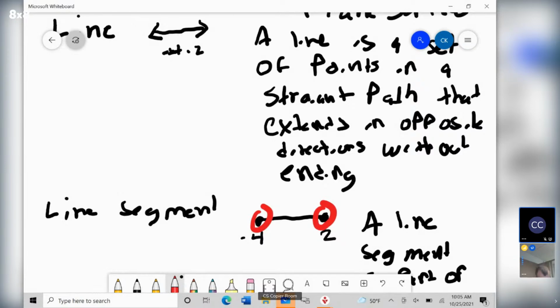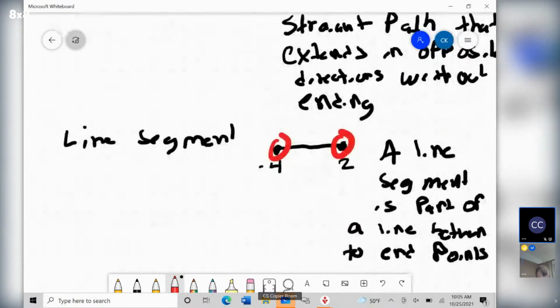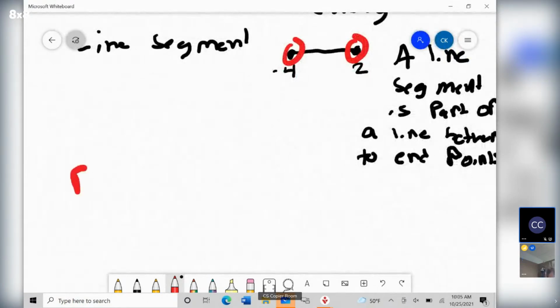Okay, and the last thing I want to look at today is what's called a ray. A ray will look like this. It's going to have a dot at one end and an arrow at the other.